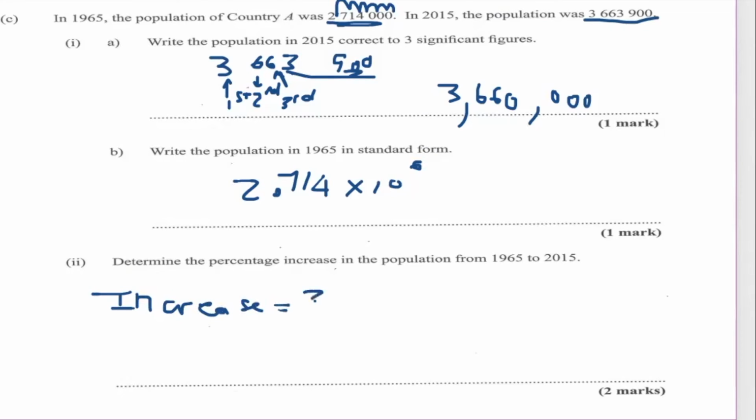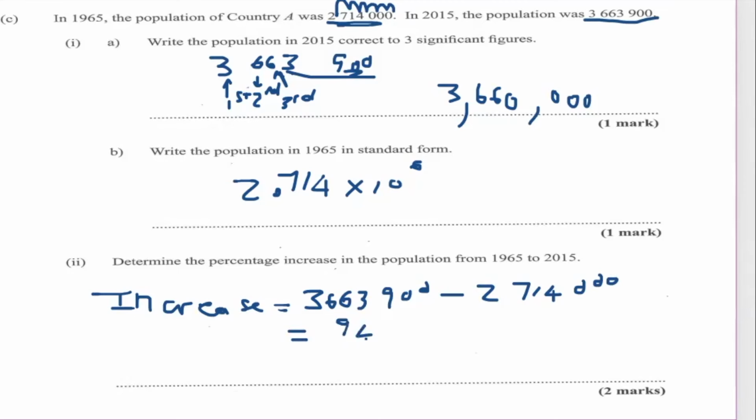Now the next question is asking to determine the percentage increase of the population from 1965 to 2015. Now for the increase, we have to find a difference of 3,663,900 minus 2,714,000, and that difference represents the increase that happened.